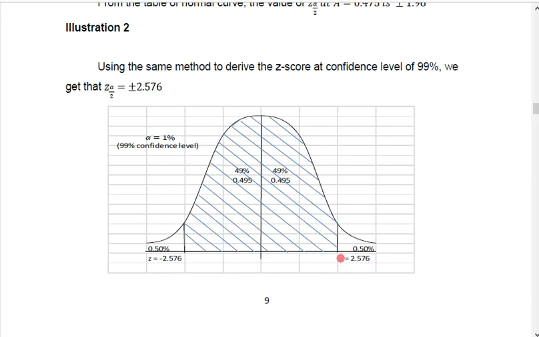Dito siya sa positive. Okay? So, sa negative, negative 2.576. Again, pareho naman kasi ng size yan. Okay? Positive and negative. Okay? So, ang z-score, or yung confidence interval, that would be positive negative 2.576.